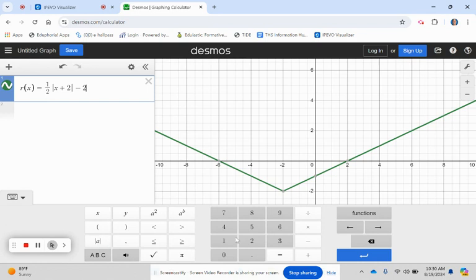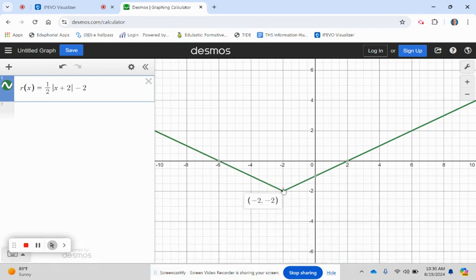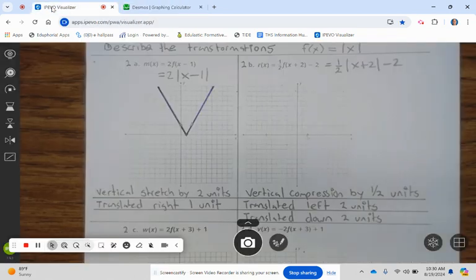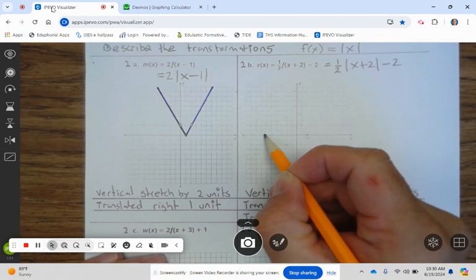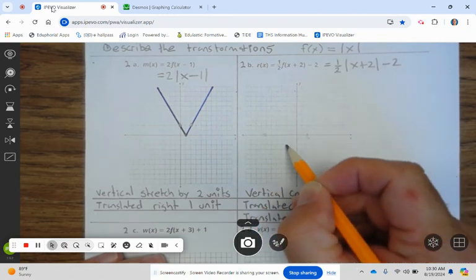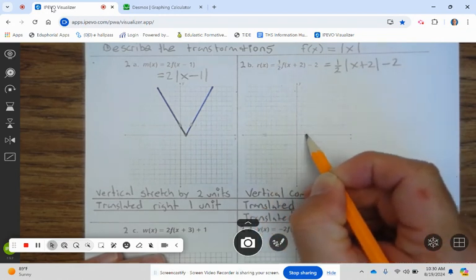All right, so let's get some points. We can use -2, -2, -6, 0, and 2, 0. Alright, so we have -1, 2, 3, 4, 5, 6, 0, -2, -2, and 1, 2, 0.